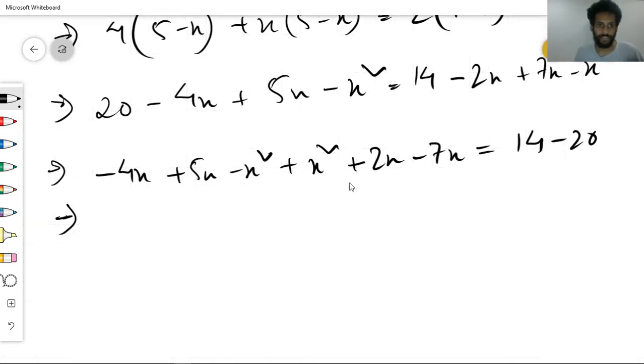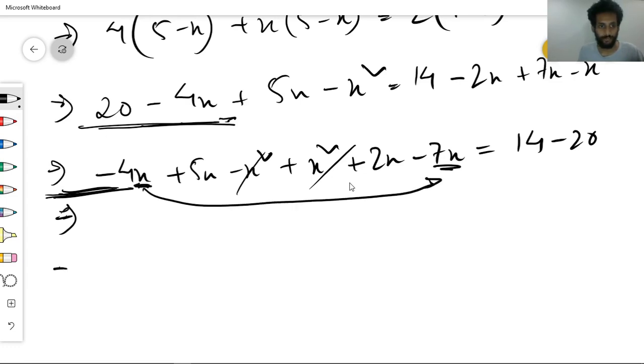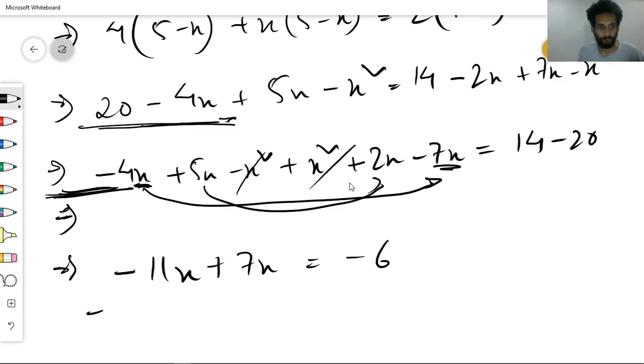When you are arranging in this step, if you have too many numbers in this line, just count the numbers one time so that you don't miss out anything. Okay, so here this will be getting cancelled. So now let's do the minus together. This one is minus and this one is minus, these two are minus, so it will be minus 11x, and this is plus, so plus 7x is equal to, this is 6.